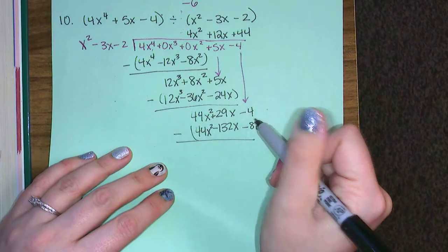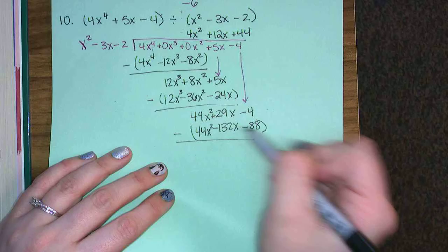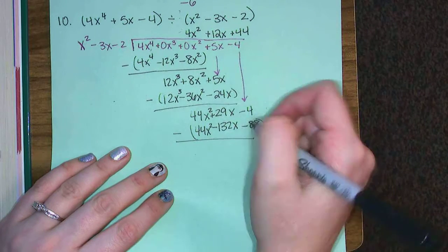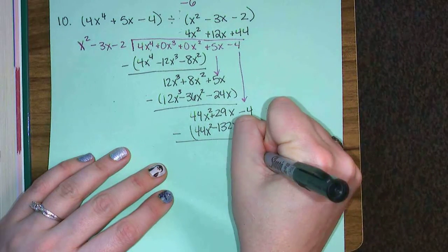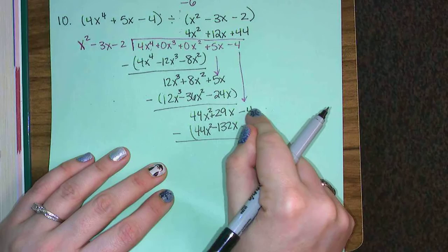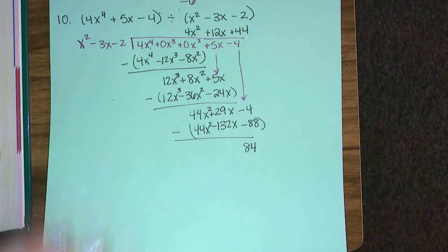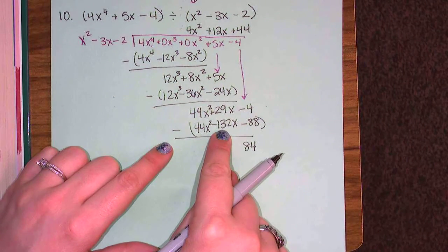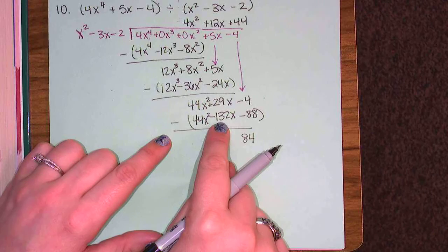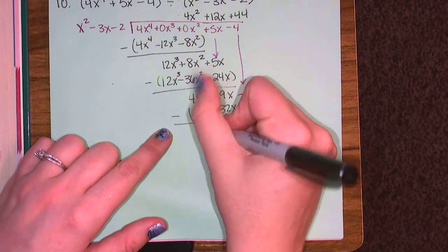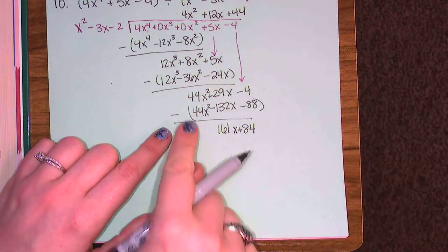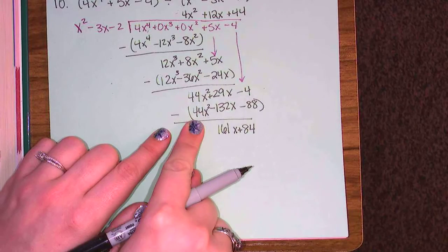So negative 4 minus negative 88 is 84, because it's a negative plus a really big positive. 29 minus negative 132, and both of those are x, so 161x, and it's positive. And then 44x squared minus 44x squared, that's just 0.